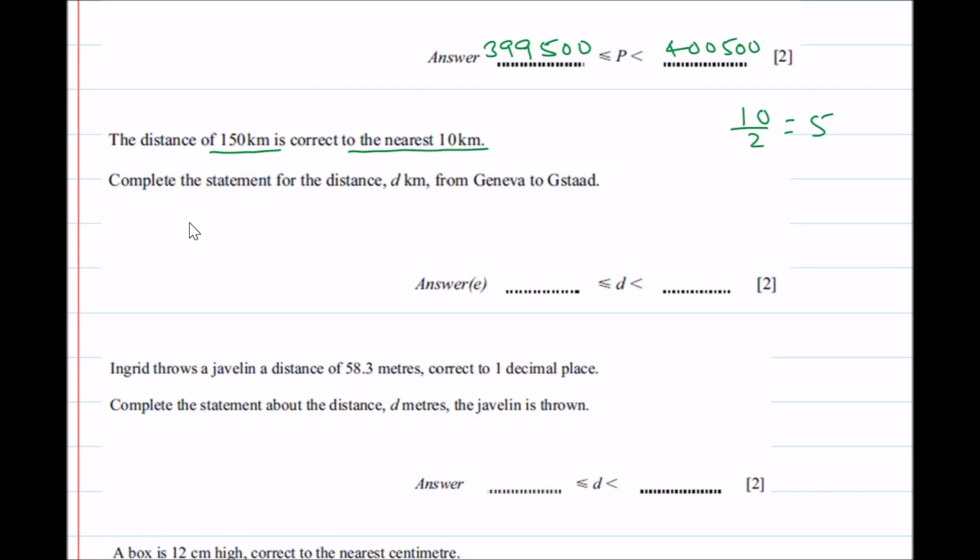So lower bound: 150 minus 5 will be 145. Upper bound: 150 plus 5 is 155. So for the answer, you write 145, 155.